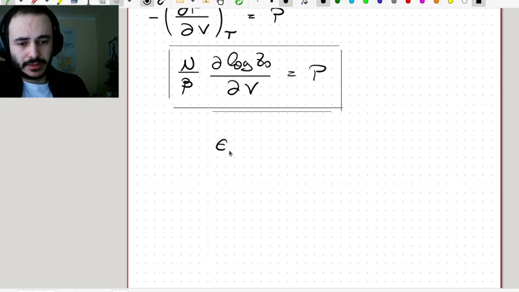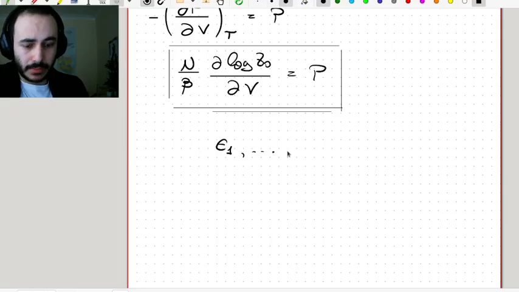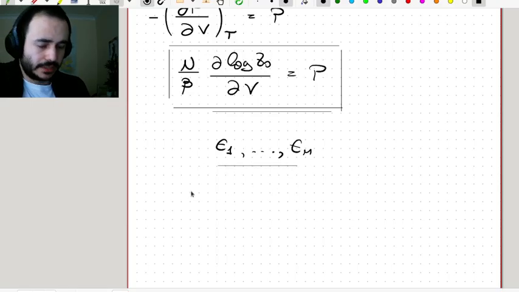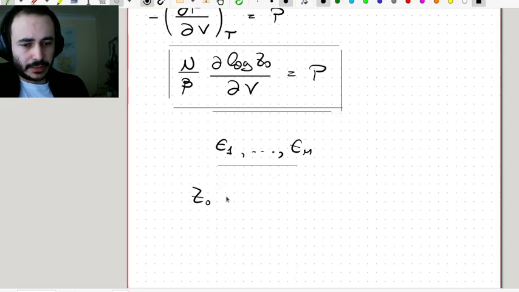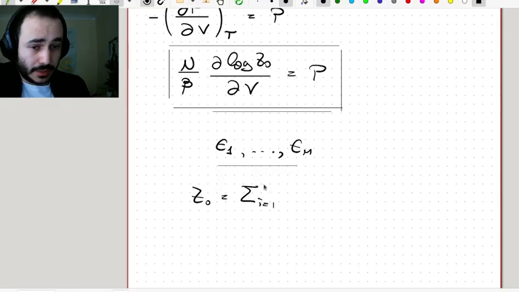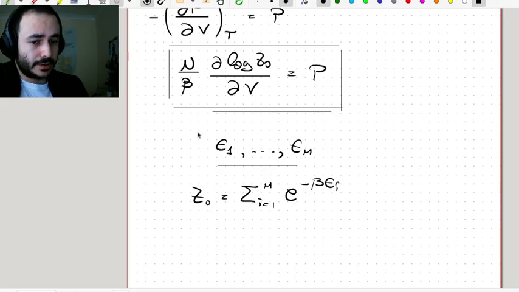And these states I am given the energy, so energy 1, energy 2, up to energy m. So any number of them. If I know these energies, it's trivial for me to calculate explicitly this expression. It could be more or less lengthy, the expression, but it's just a sum from 1 to m of e to the minus beta and each of the energies that I am supplied with.